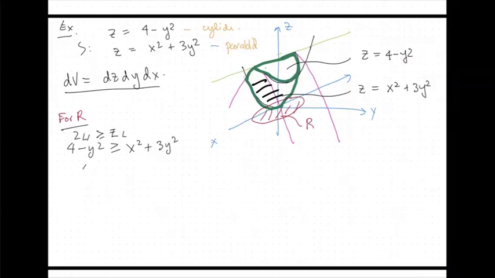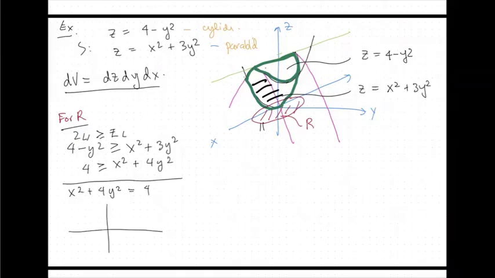So this means 4 is greater than or equal to x squared plus 4y squared. Okay, so that means this equation here is x squared plus 4y squared equal to 4. So let's draw that equation. This is an ellipse.